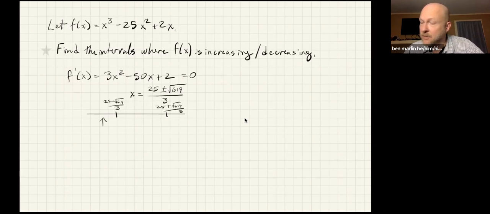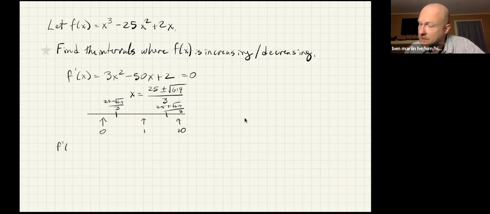A good test point to the left of that positive 0.04 is going to be 0. A good test point in between would be where x is equal to 1. Why 0 and 1? Because they're nice numbers. And then over here, like 10, because they're nice to plug in.